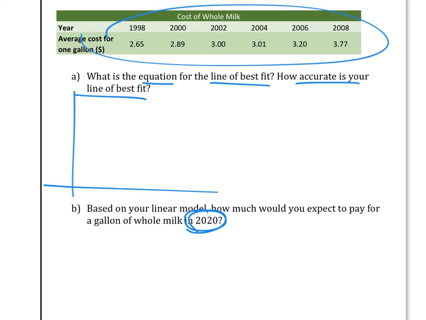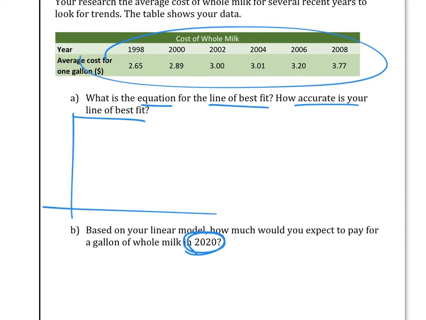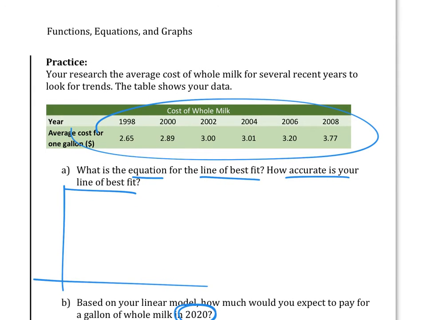Now, I cannot give you an accurate answer, or we cannot check each other's answers, because none of our answers would be the same. It's going to depend on which 2 points you pick. But you can ask yourself, does my answer actually make sense? For me, I picked the first and the last.